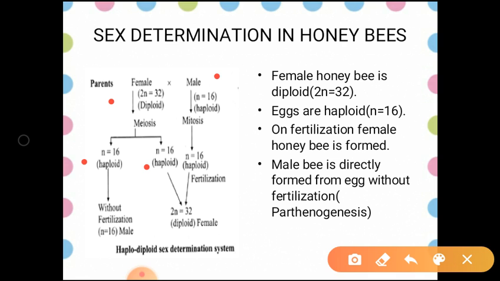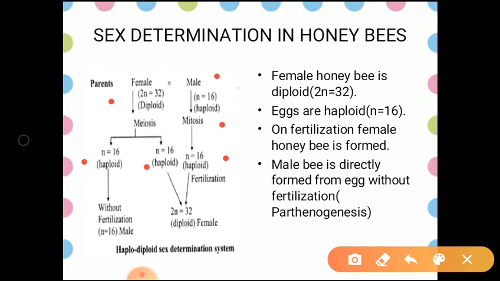But the male is already haploid, so the sperm mother cell will undergo mitosis, which is equational division. So the sperm consists of n equal to 16 chromosomes. This is clear. In case of honeybees, female is diploid, male is haploid. Female 2n is equal to 32, male n is equal to 16 chromosomes.